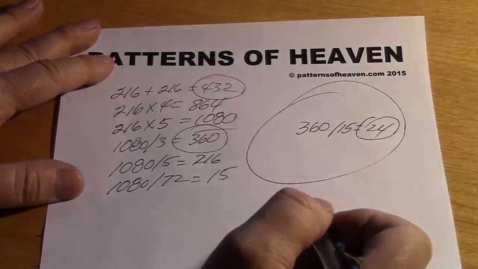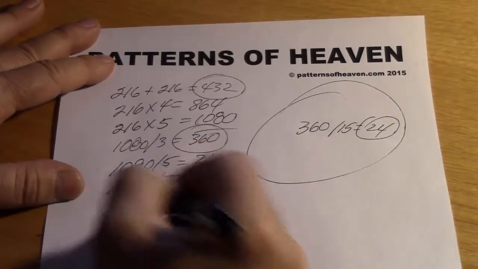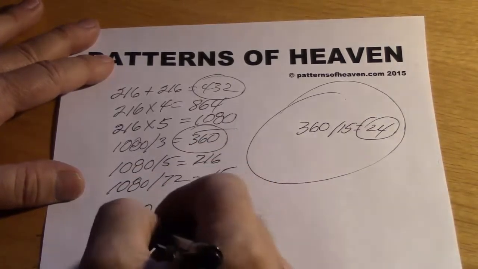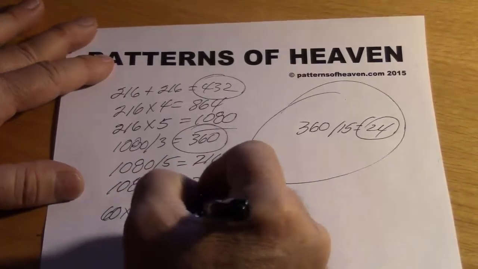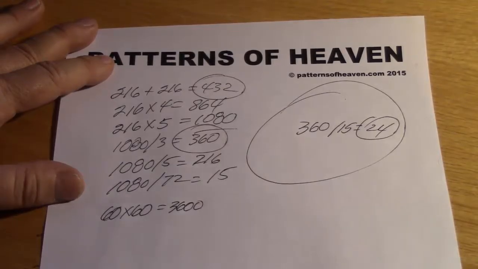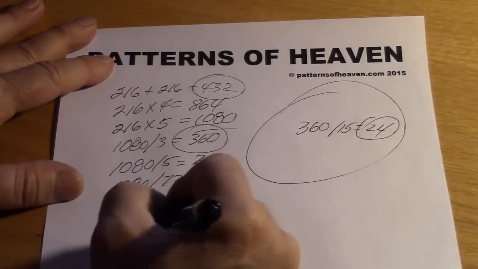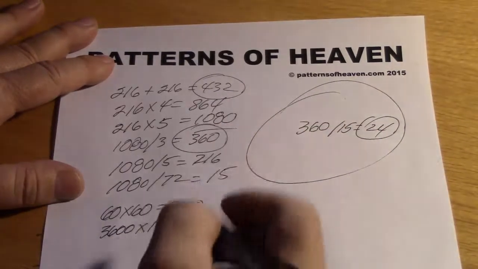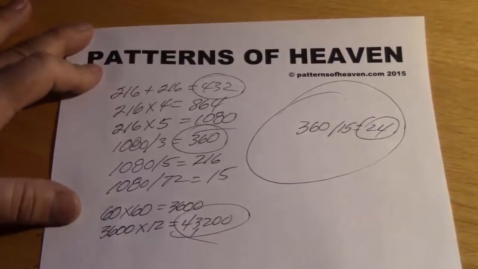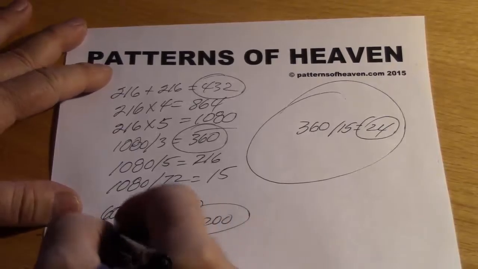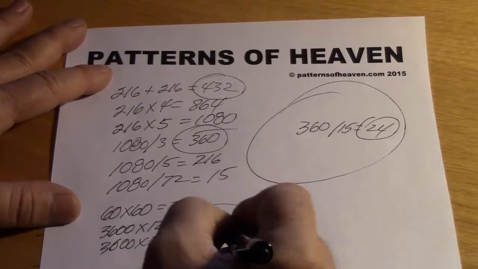And how many minutes are there in a 24-hour day? Let's take a look. 60 seconds times 60 minutes equals 3,600 seconds, which then if we take 3,600 times 12 hours, which would be half the day, equals 43,200 seconds of daylight. 3,600 times 12 equals 43,200.